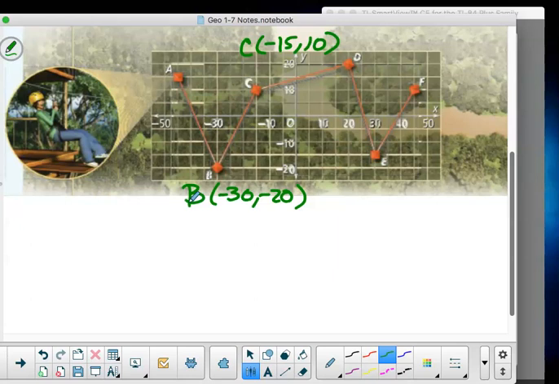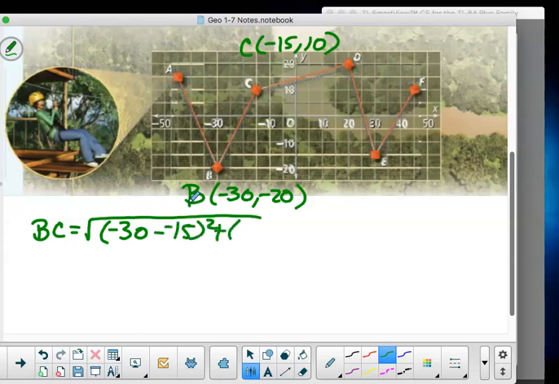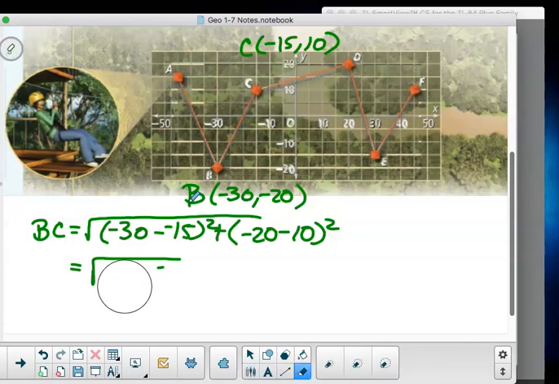So I can plug this in the distance formula so I can find BC. And that is going to be -30 minus -15 squared plus -20 minus 10 squared. And that's going to give us -15, which is 225. I don't need to put a parenthesis around that.